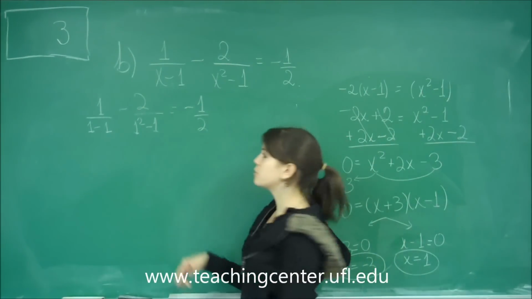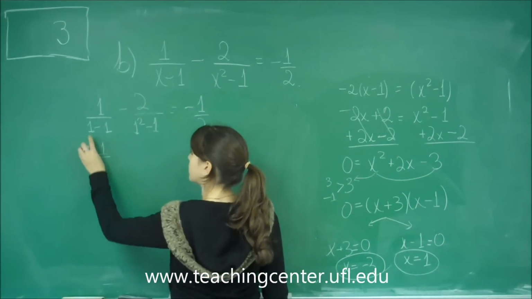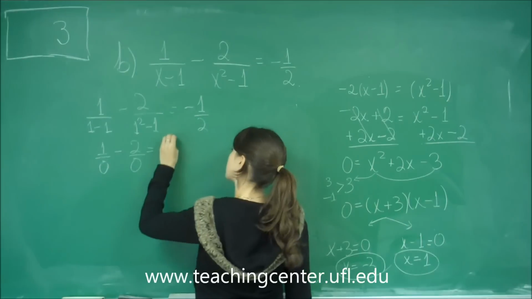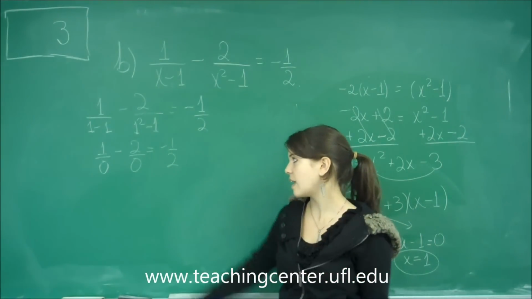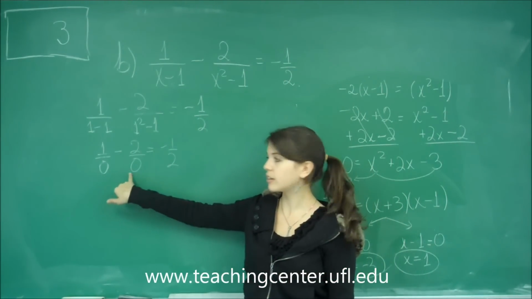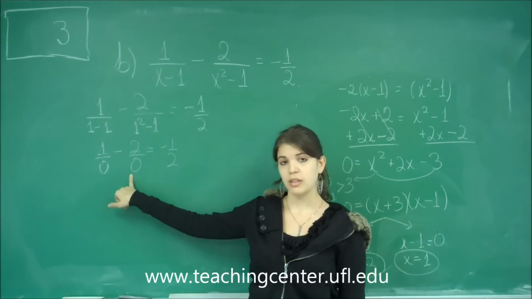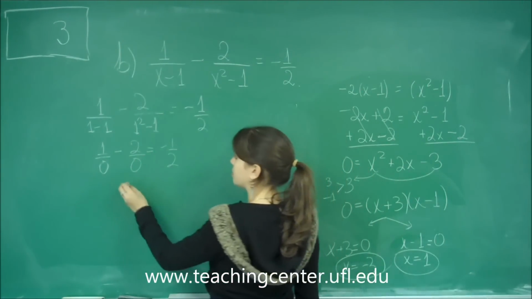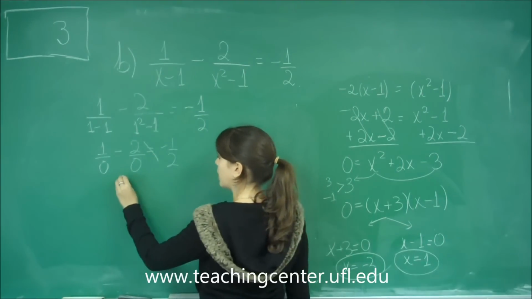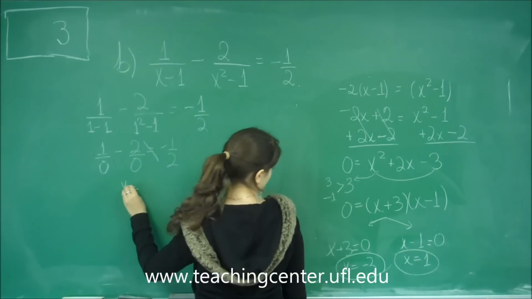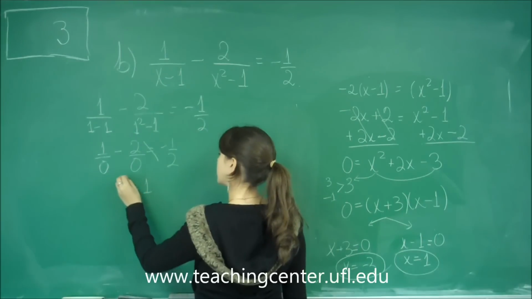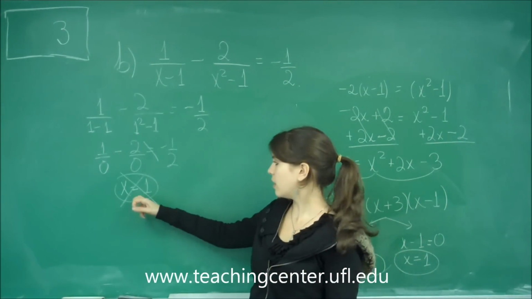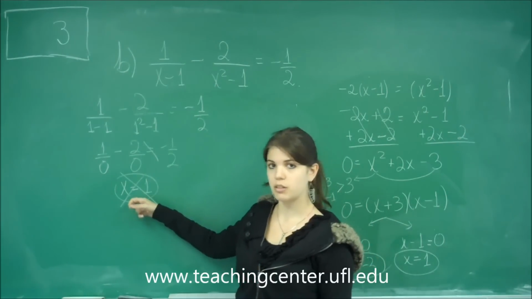Now let's do the algebra, and we get 1 over 1 minus 1 is 0, minus 2 over 0 equals negative 1/2. You should notice that since these terms are being divided by 0, that's going to give me an undefined value. So this cannot be true, and so x equals 1 is not a solution. We've just ruled out x equals 1 because that's an extraneous solution.